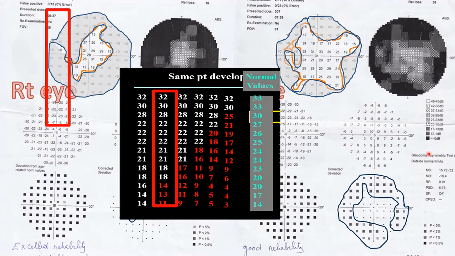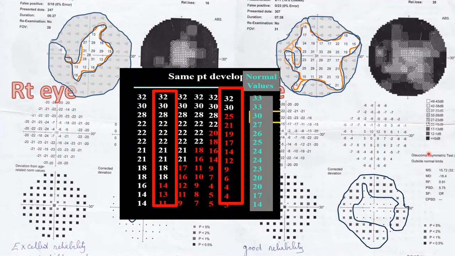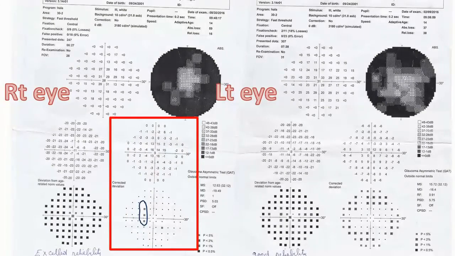While for the right eye, because the damage is more, the location 85% was also affected. So here the value added was 14, while in this case the value added was 20. That's why you have this wrong impression that everything was corrected here, and you have the impression that this is the only area with localized damage.